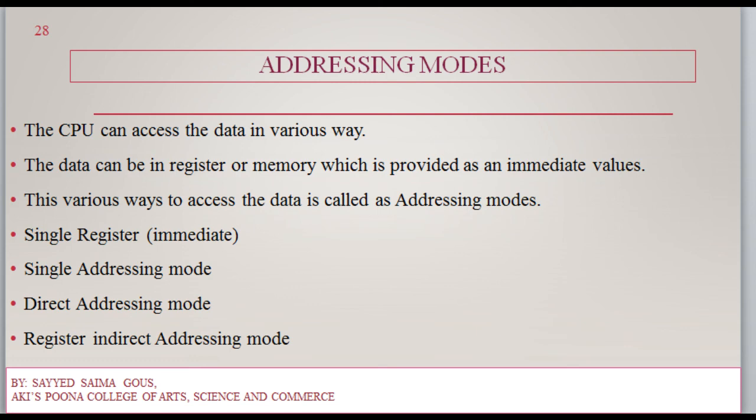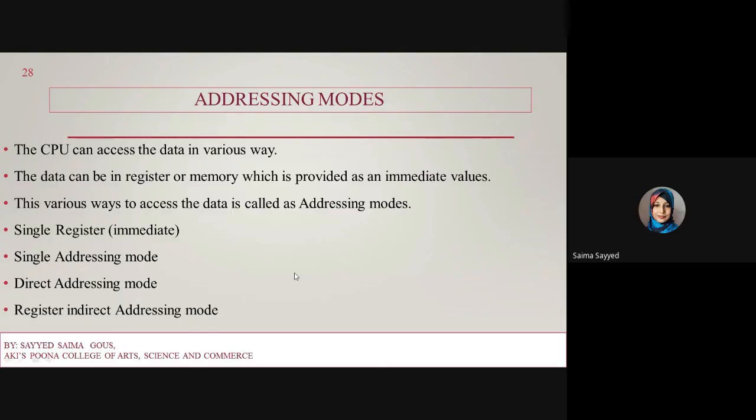There are different addressing modes of AVR ATmega16: single register addressing mode, immediate addressing mode, direct addressing mode, register indirect addressing mode. Now there are two more addressing modes used especially for ATmega32, that is flash direct addressing mode and flash indirect addressing mode.